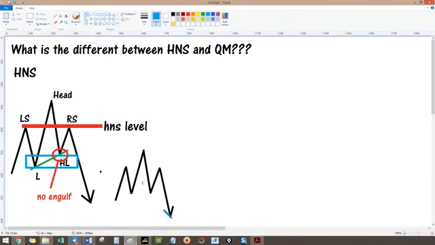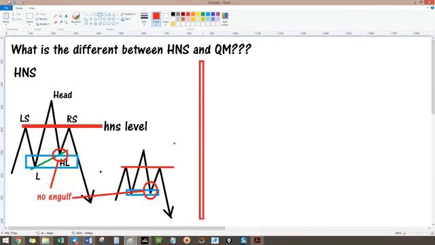Okay, so you have demand here, but also no engulf. Over here, no engulf also. So your entry will be at the H and S level, right? So this is head and shoulder.